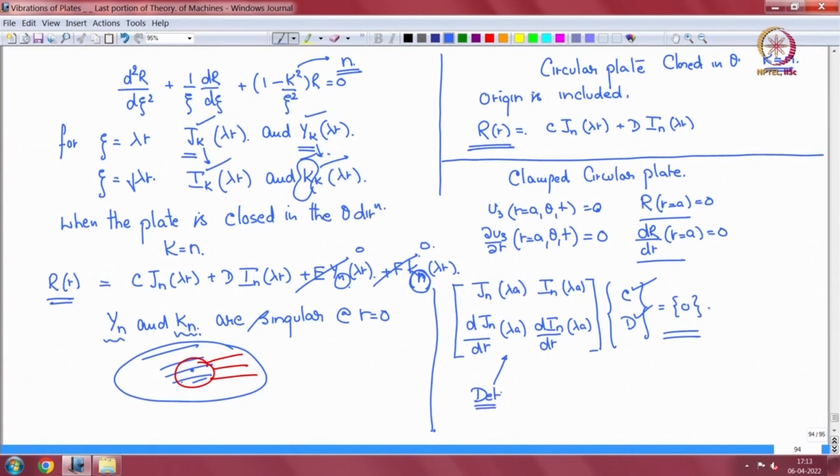That means J_n(λa) into I_n'(λa) minus I_n(λa) into J_n'(λa), the product of this into this minus this into this, must be equal to 0.